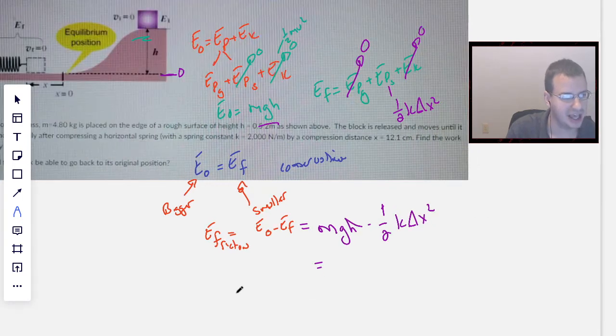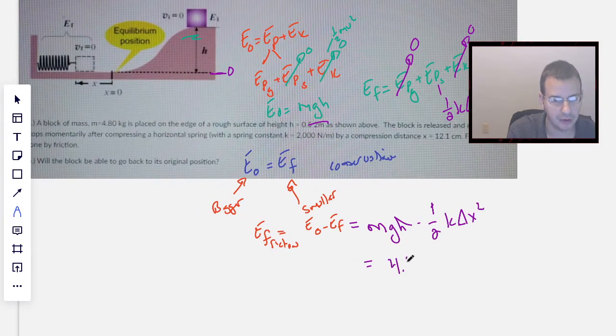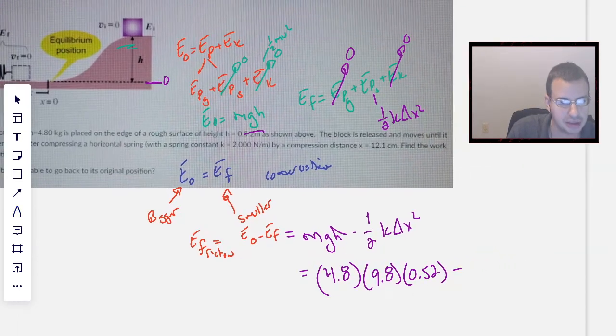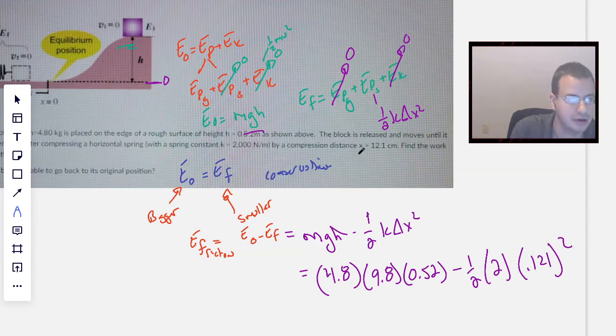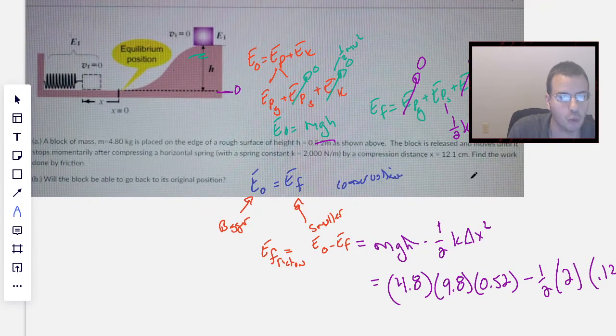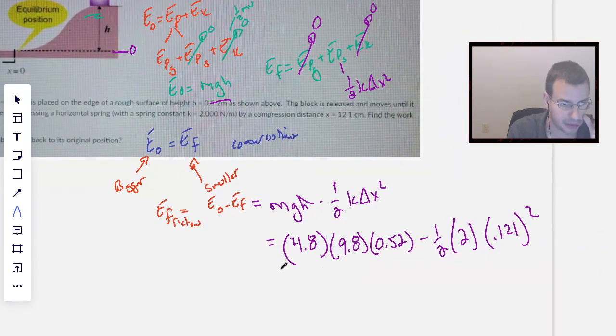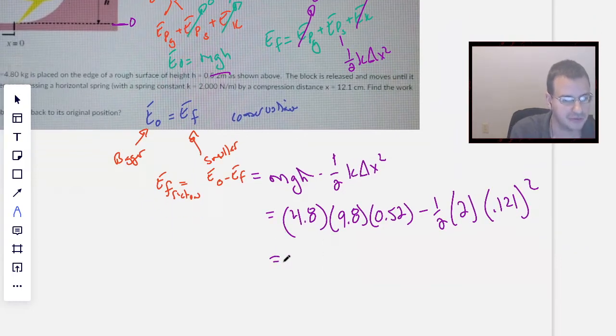Putting some numbers in, we have 4.8 times gravity, I'm going to call it 9.8, I'm not going to try to do this in my head, times h, minus 1/2 times 2 newtons per meter times 0.121 meters, since it's compressed by a distance of 0.121 meters. Then you can solve this for an answer.